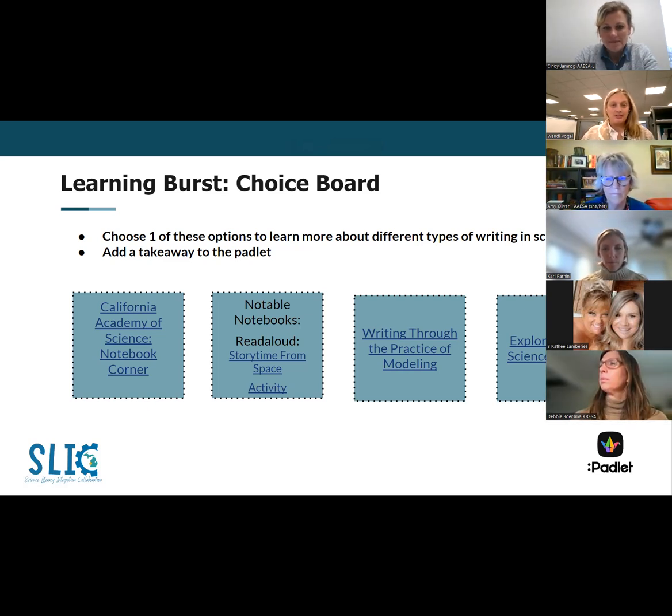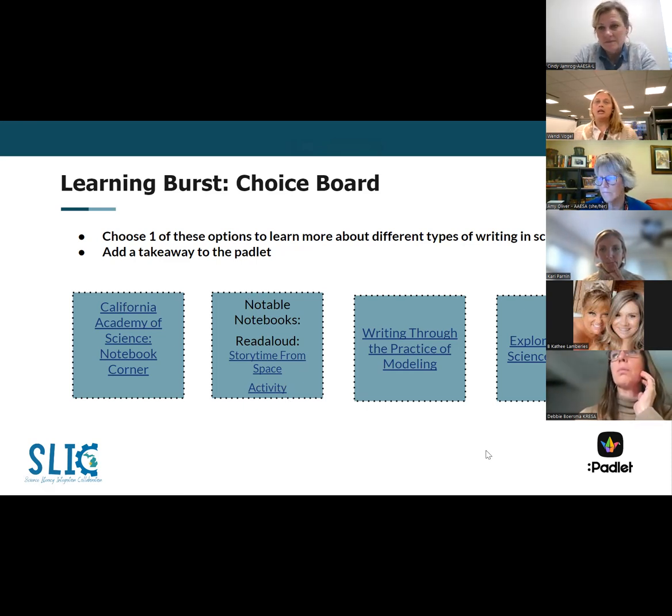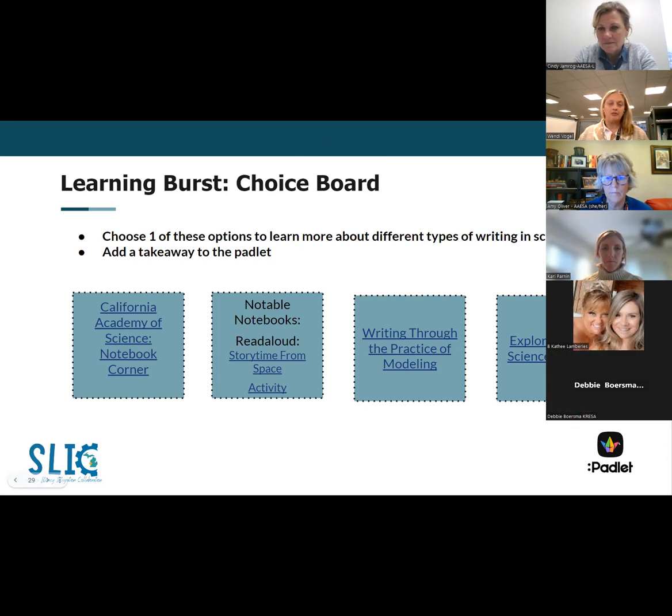So during those 8 minutes, you can turn your camera off. There are 4 in particular pieces that you may want to explore a little bit more. So you'll see those right here on our choice board. But take about 8 minutes or so and just kind of breeze through some of those, maybe dive a little bit into one of those, and we'll come back together for a little bit of reflection time. So you can camera off and dig in a little bit. Any questions, let us know in the chat.